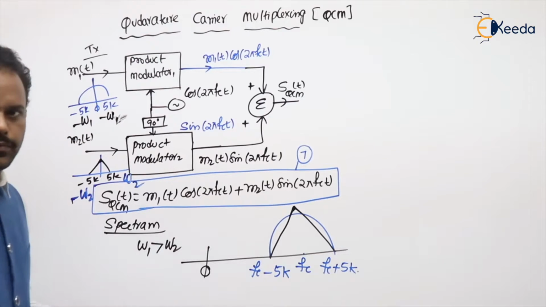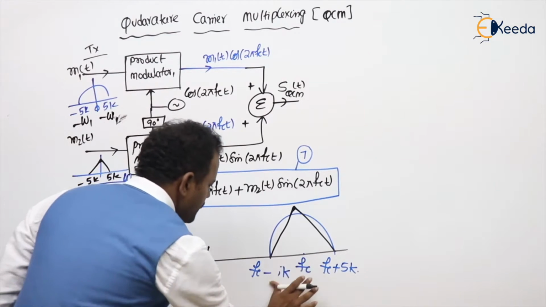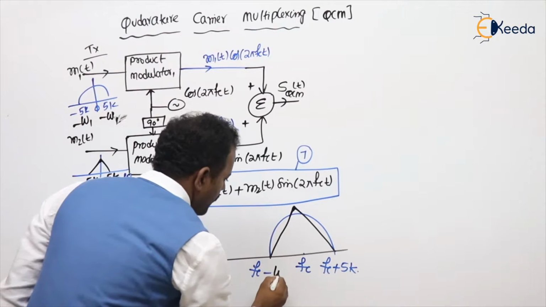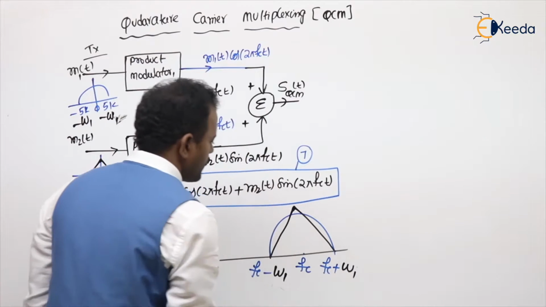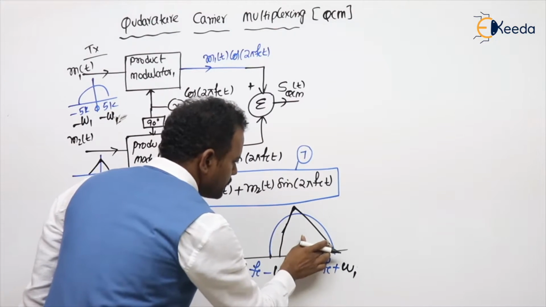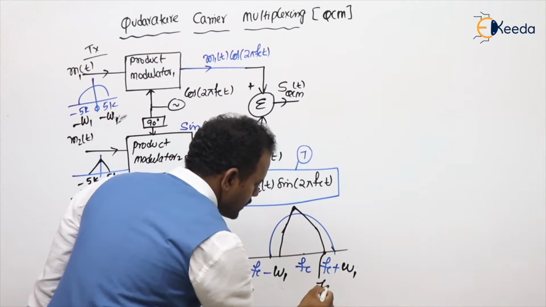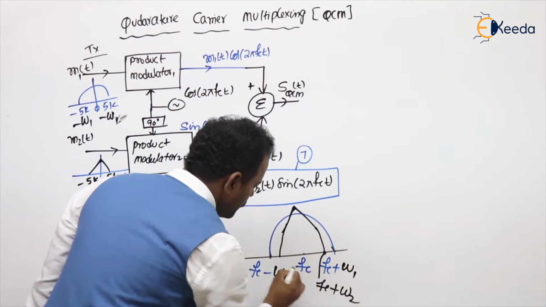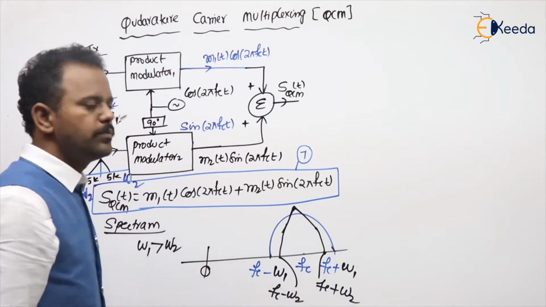Now in that case how will it come, sir? This is Fc minus omega 1, Fc plus omega 1, and omega 2 I have taken less, so it is a little bit smaller. This is Fc plus omega 2, this is Fc minus omega 2.